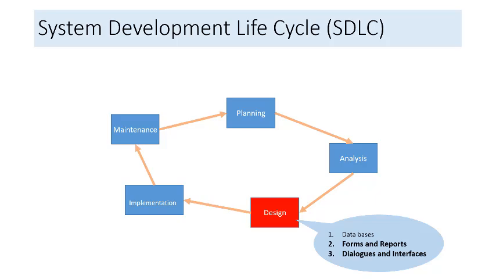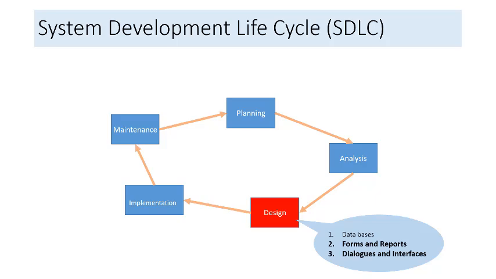In the design phase, as we talked last week and the week prior to that, we are concerned with how to make the system. In the analysis, we actually find out what the system should be, what the requirements for that system are. In the design phase, we decide how to make the system.